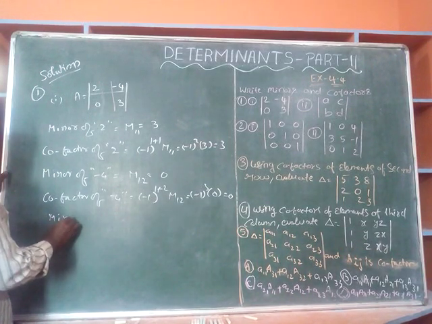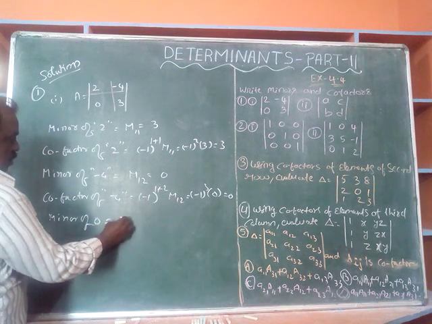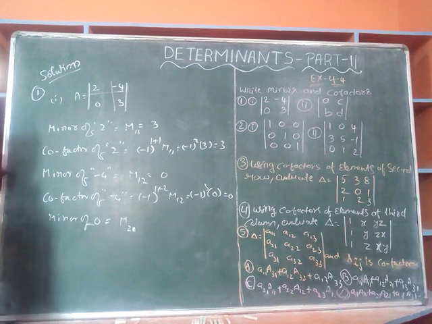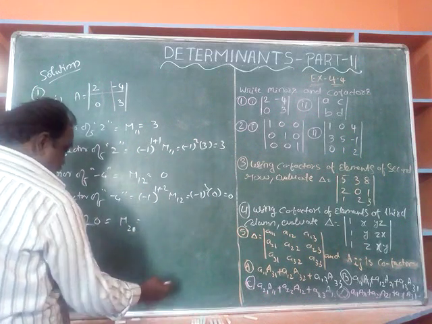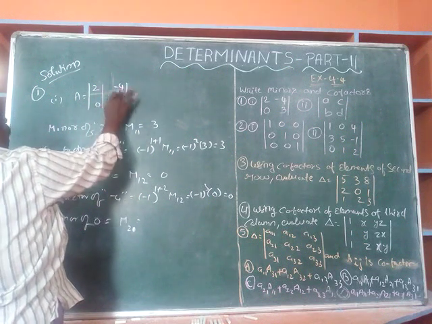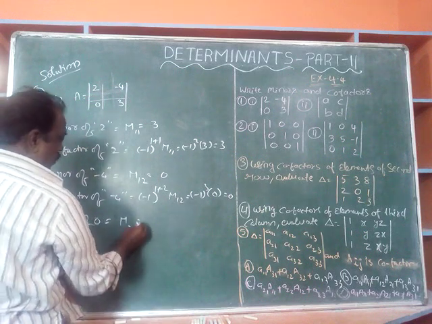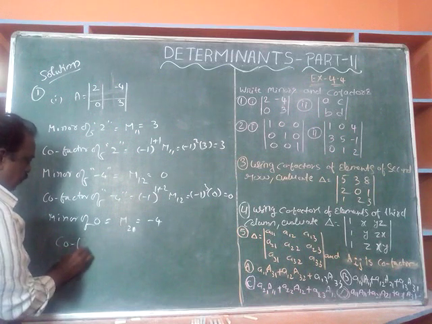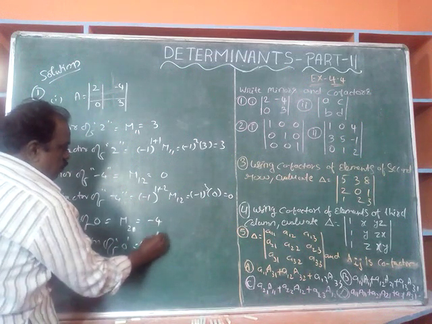Similarly, minor of 0. It is M21, because it is the second row and the first column. After deleting the row and the column, we get 4 and -4. So the cofactor of 0 is (-1) power 2 plus 1.